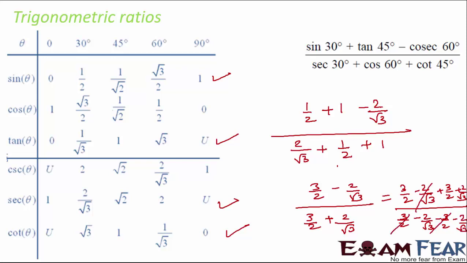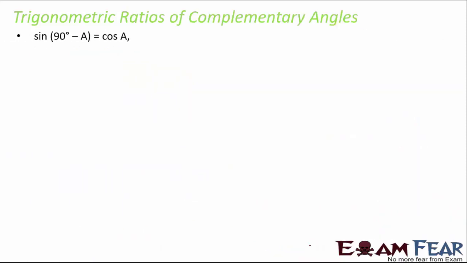So this gets cancelled. So we get 3 divided by minus 4 by root 3, which is equal to minus 3 root 3 divided by 4. So basically solving these identities is pretty simple, just that you should be aware of the values of the trigonometric ratios. So let's try few more examples.